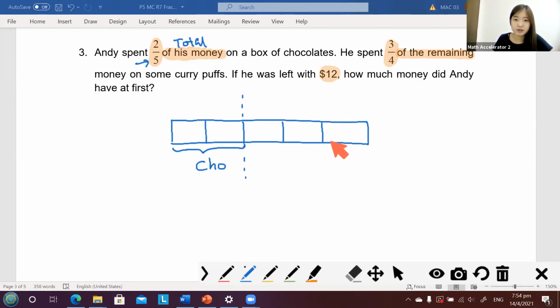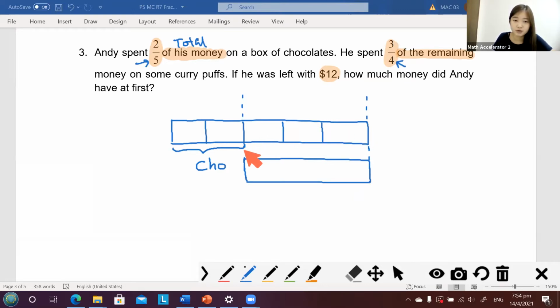Alright, so your remainder, 3/4 of it is going to be on curry puffs. So let's drop down the remainder first. Because your remainder you need 4 units, but in the first model you do not have 4 units.